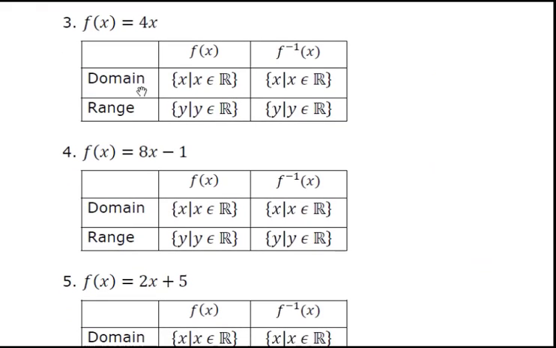So we have here for the domain, same with numbers 1 and 2, the set of all x's such that x is an element of a real number. For the range of function f of x, it's the set of all y's such that y is an element of a real number. And the same is true for f inverse of x.